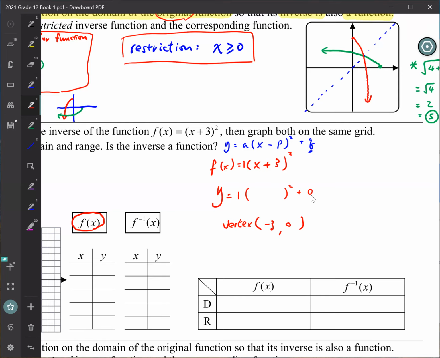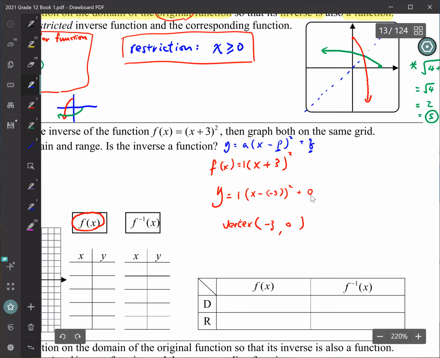And then the p has to be always after the minus, right? x minus something. But in the bracket, it has x plus, so I need to rewrite it as x minus a -3.